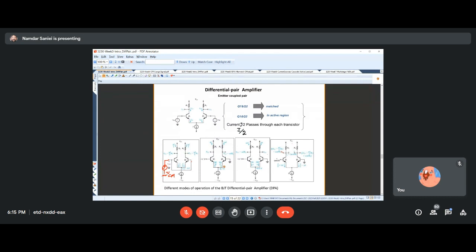and some of them in the large signal regime is not what we focus on in this course. If we have a large input signal applied to the two inputs of the amplifier, then this is not an amplifier, it's actually going to be a logic circuit.